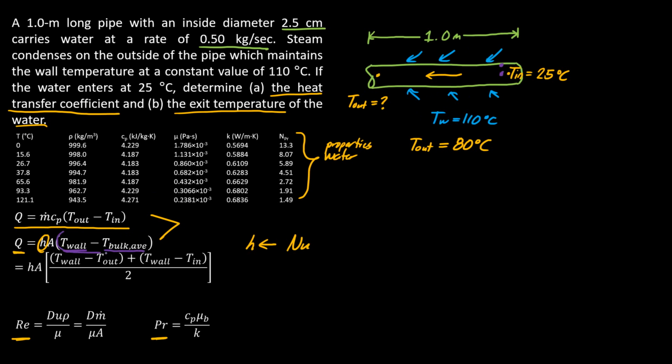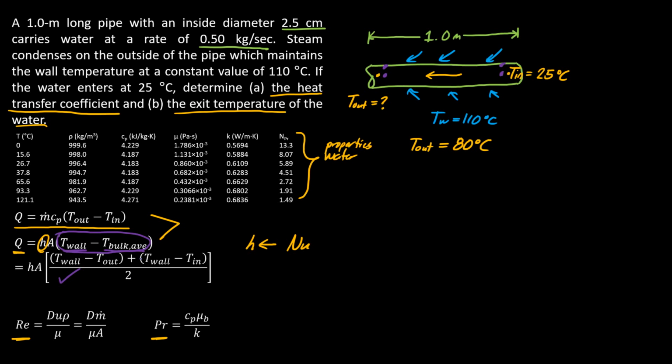We can actually expand this expression into T wall, in this part, minus the temperature of the bulk fluid here, the second part, plus T wall and then the bulk temperature at the entering part, divided by 2. This is for the average of the value.